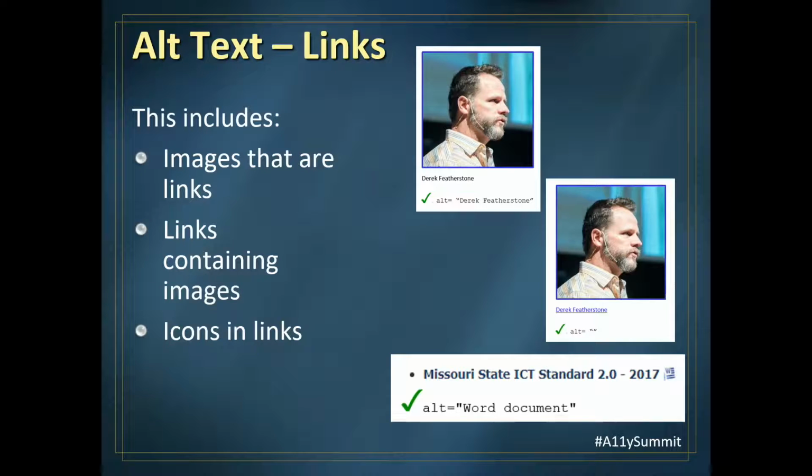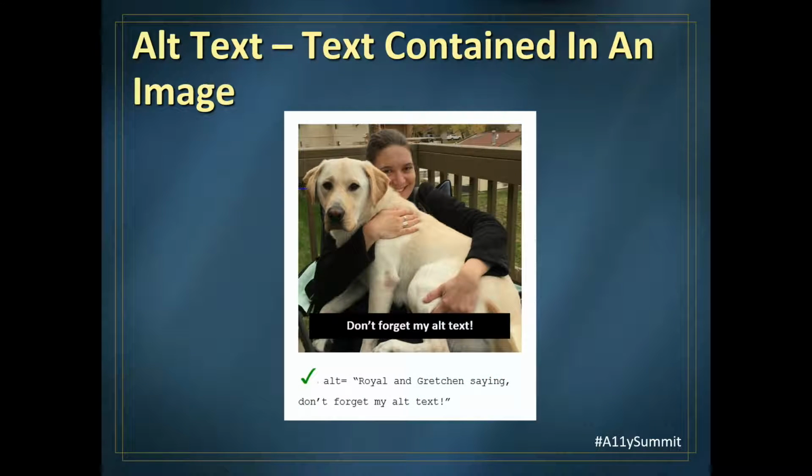In this example, I'm showing an actual image that's following the link, indicating it's a Word document, and the alt equals Word document. There are a few different implementations for that, but that's an example of one thing that you could be doing. All right.